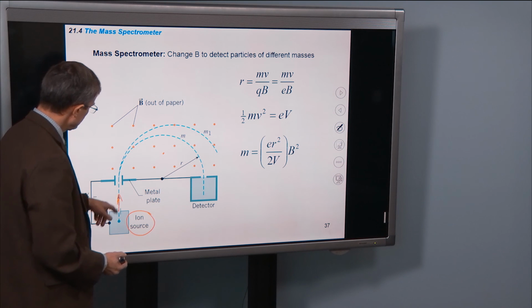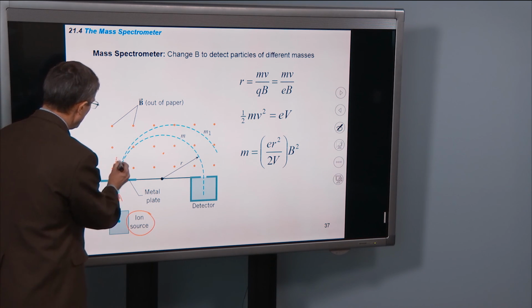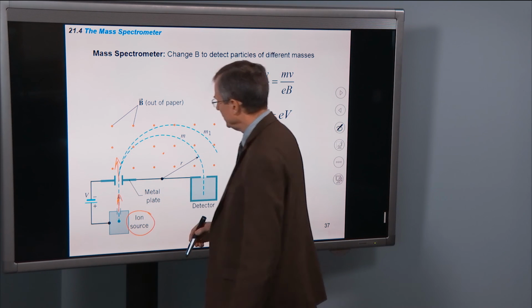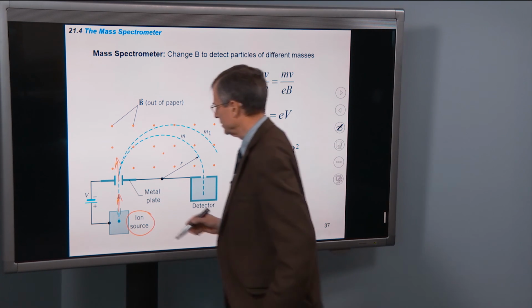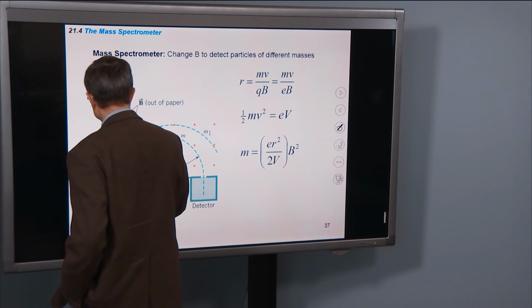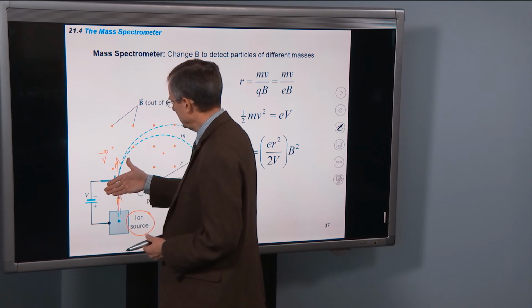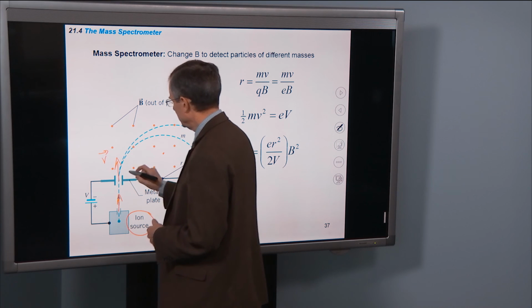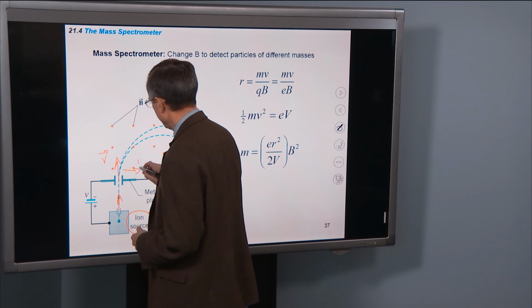So they're given a certain velocity here, and then there's a magnetic field pointing out of the paper, so this is the velocity, V, B, and if it's a positively charged particle, the force will be to the right.